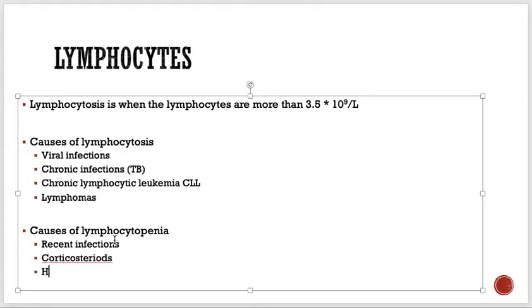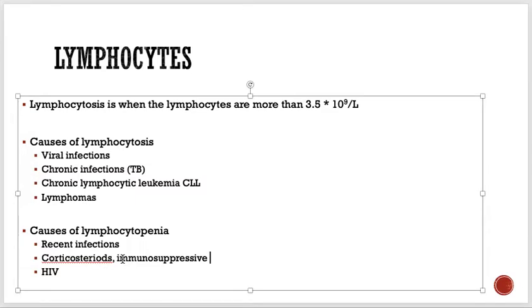A very important condition is HIV, human immunodeficiency virus infection. They destroy the lymphocytes, and that's why it occurs. Plus, it is not just corticosteroids, rather people who are on immunosuppressive drugs as well. All the drugs which suppress immunity can lead to a lower lymphocyte count in the body.